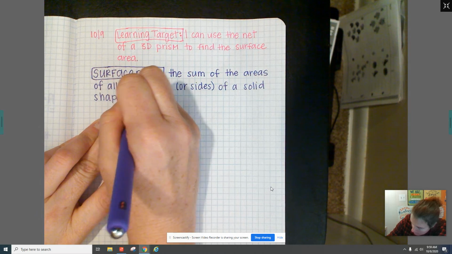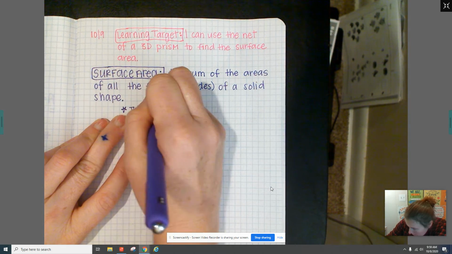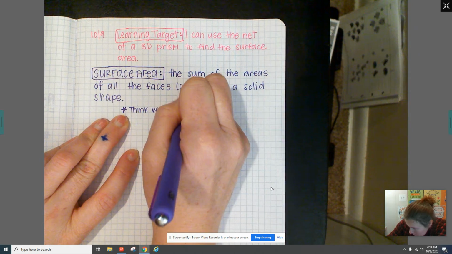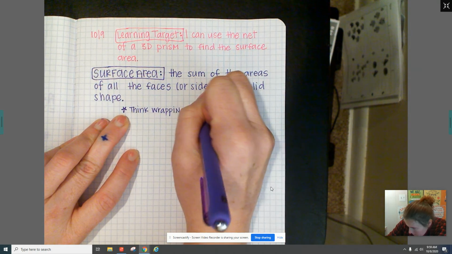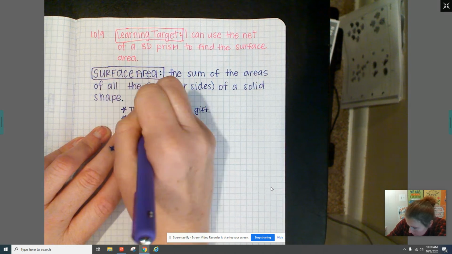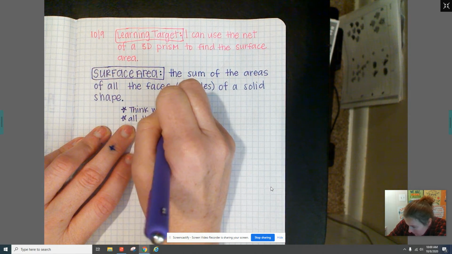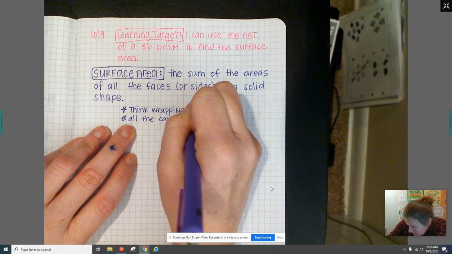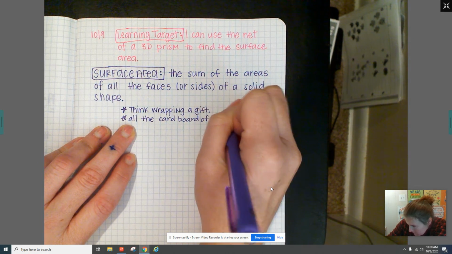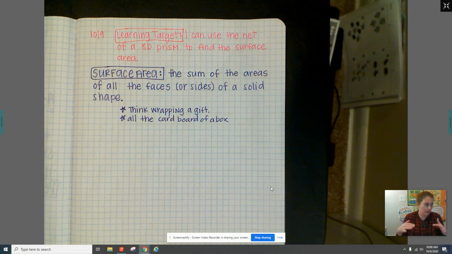So think wrapping a gift, like all the cardboard of a box. So if you had a box and you completely unfolded it, all of that cardboard would represent the surface area. Okay.